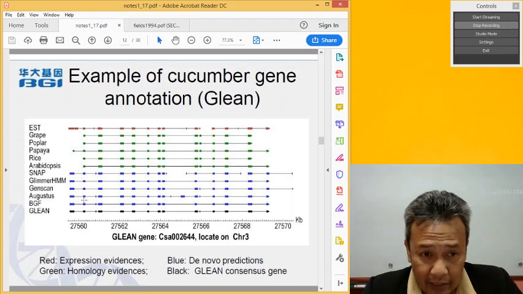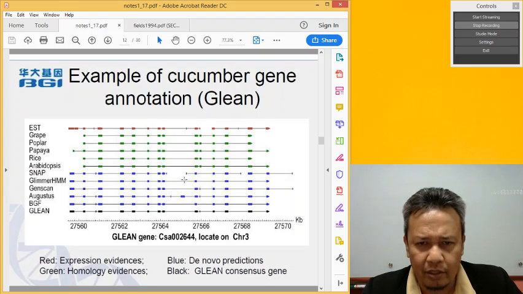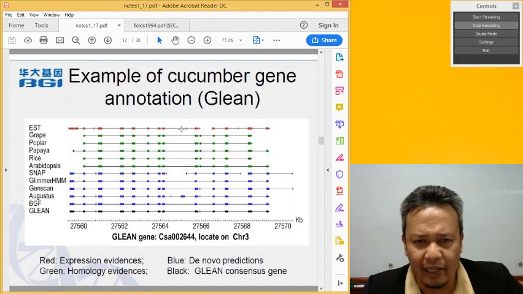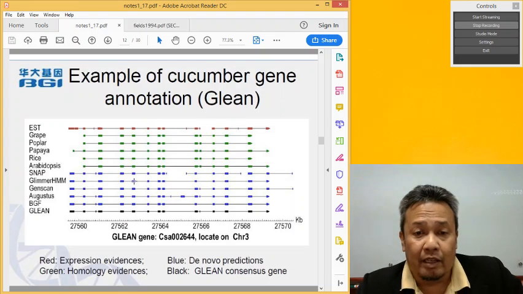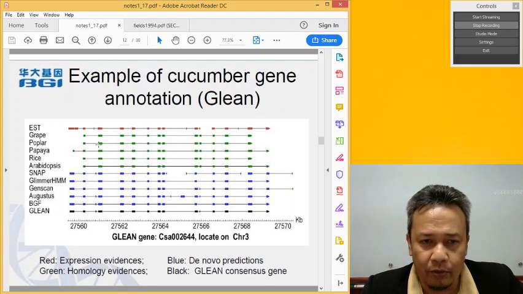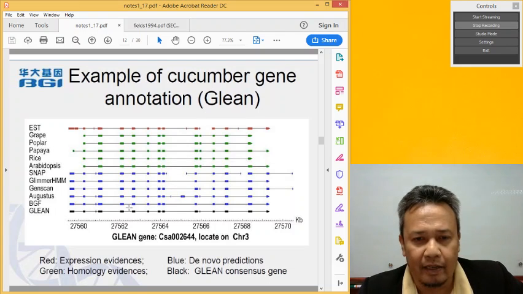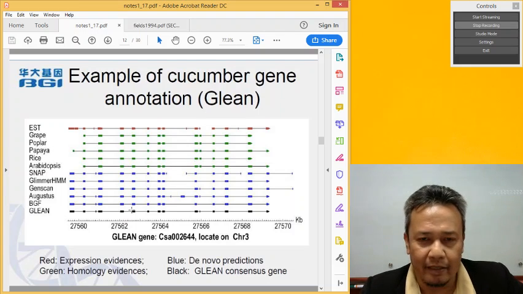Again, look here under the Augustus software, you will find that there is a gene that's predicted here, but it is not found by homology, not found in EST, and also not found by other prediction. So from all that, they devised yet another software that looks through all that and only accepts the prediction if it is supported by other methods.